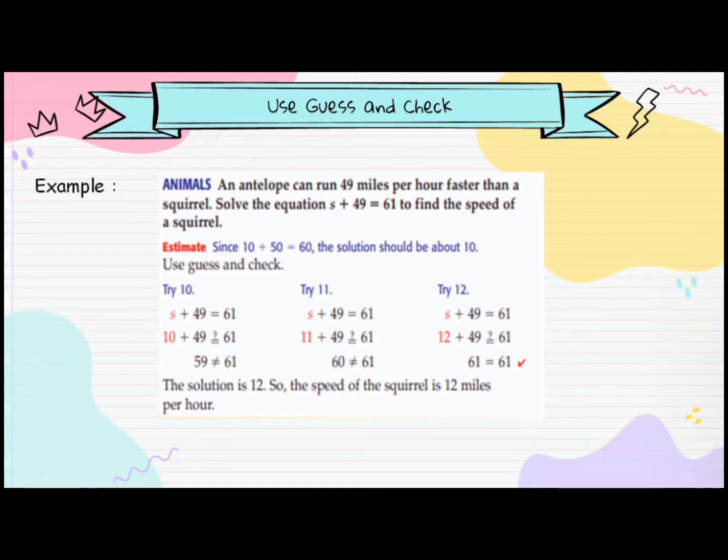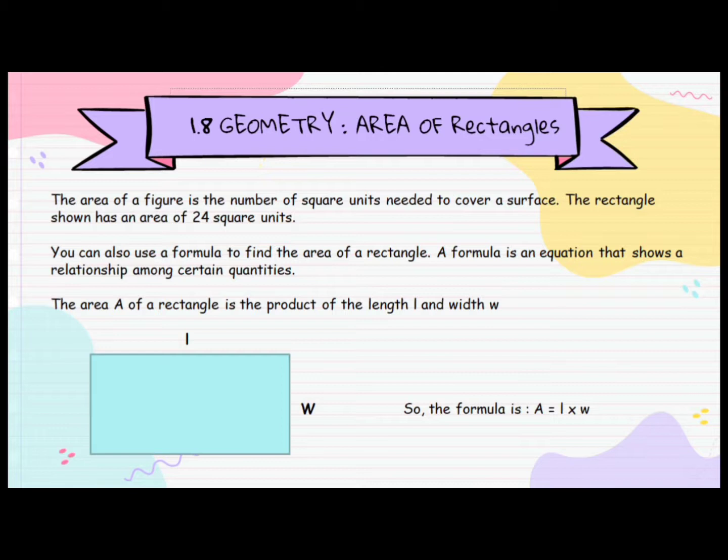The next material, geometry: area of rectangles. The area of a figure is the number of square units needed to cover a surface. The rectangle shown has an area of 24 square units. You can also use a formula to find the area of a rectangle.